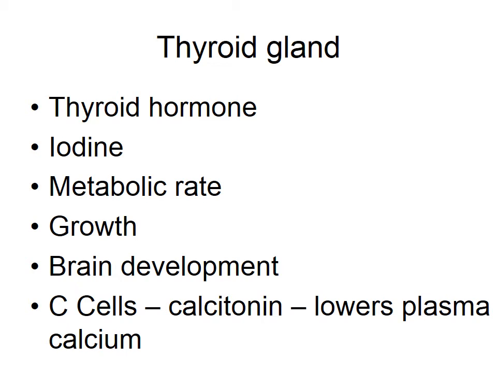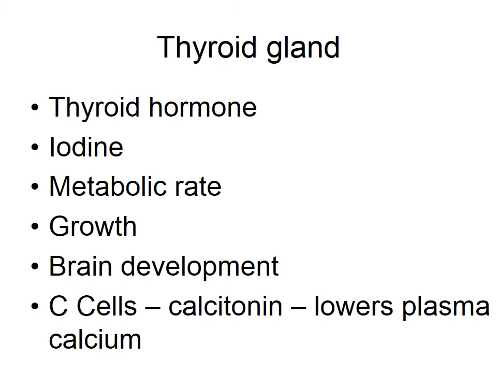Now, thyroid hormones are particularly important during fetal development and during childhood because they are essential for growth. Without adequate amounts of thyroid hormone, you will not get normal growth and the child will become stunted and short in stature. As well as that, in fetal life, and especially in early childhood, but throughout childhood, brain development is dependent on the presence of adequate amounts of thyroid hormone.